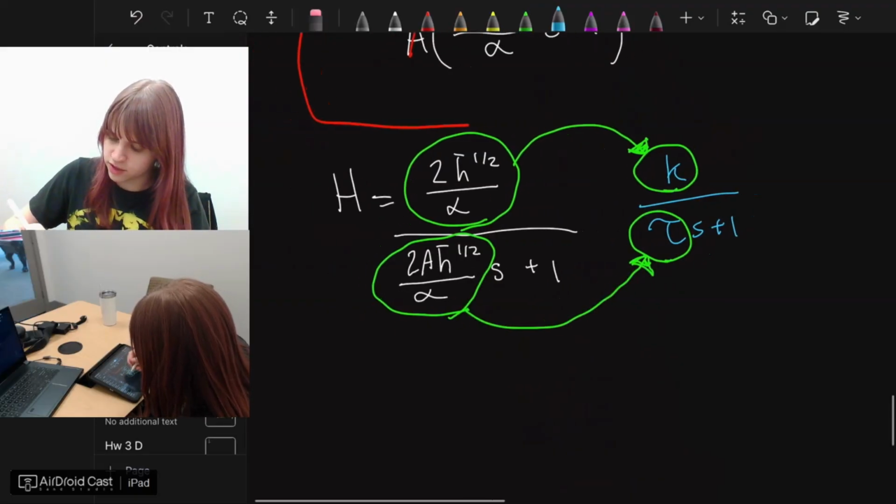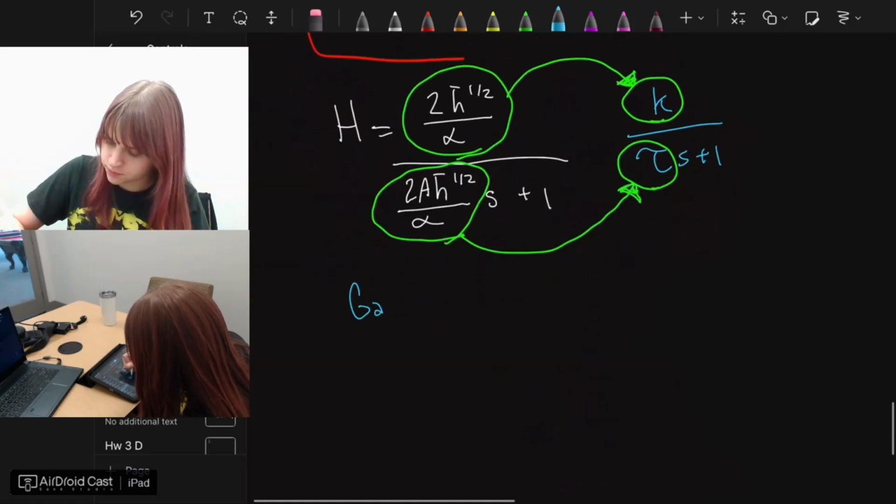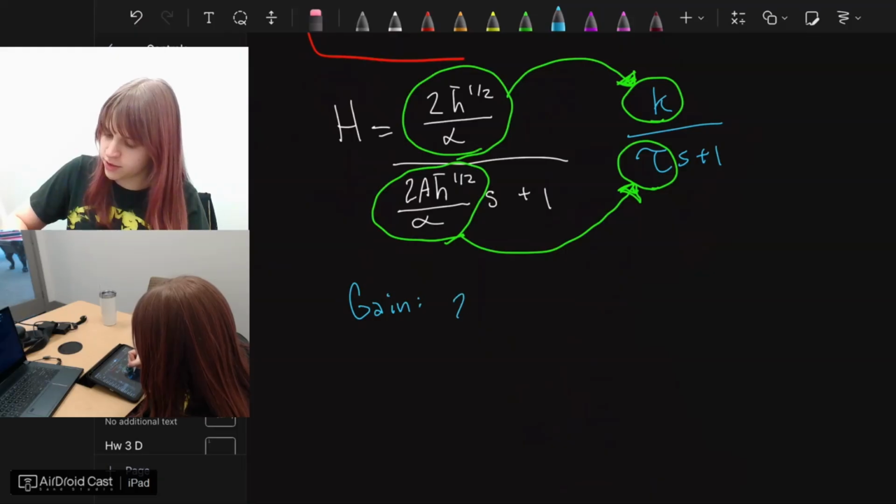More explicitly, the gain is 2 h bar to the 1/2.